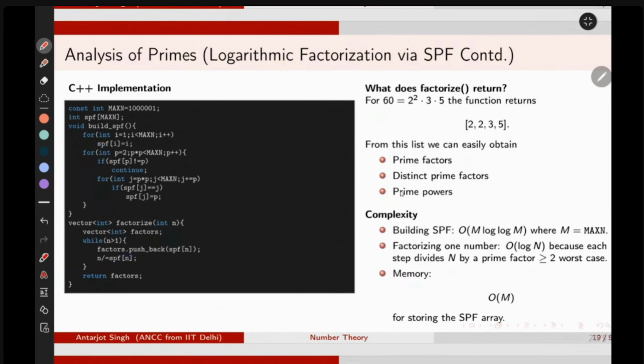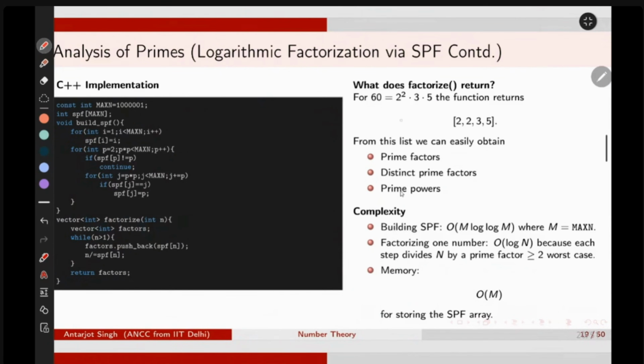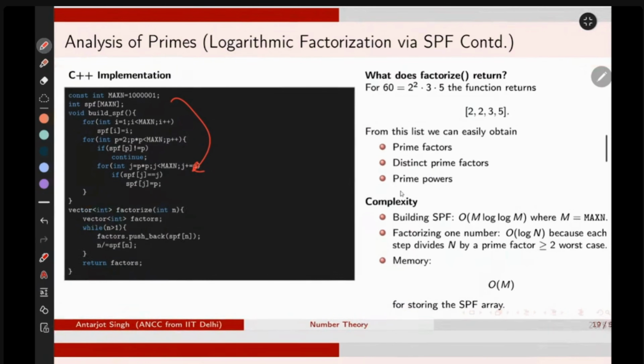So the complexity would be big O of n log log n, as we pre-process, and it's basically a sieve too. And since we are dividing n by SPF of n, and the lowest value would be 2, the worst case complexity would be log n.